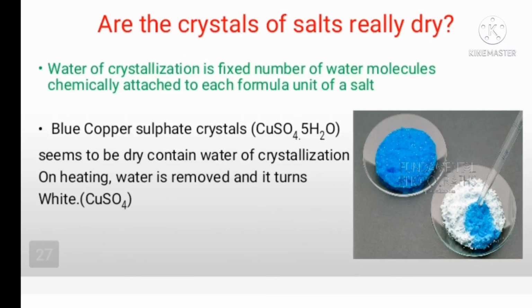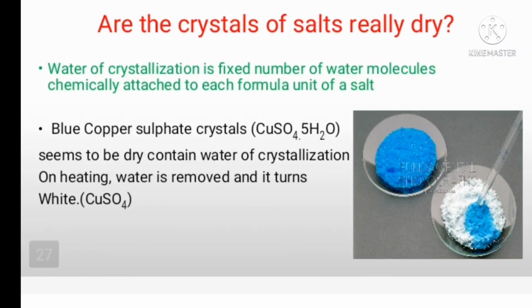Or simply, water of crystallization is a fixed number of water molecules chemically attached to each formula unit of a salt. For example, a copper sulfate crystal contains 5 molecules of water of crystallization in one formula unit. That is CuSO4.5H2O.